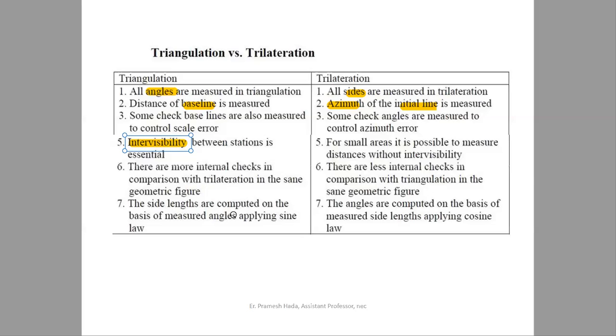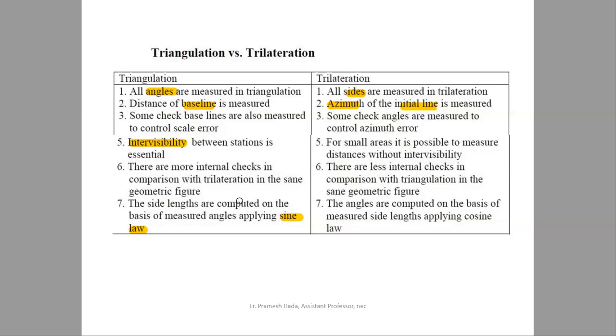The side lengths are computed on the basis of measured angles applying sine law. So in case of triangulation we use sine law for the calculation of side length. We discussed earlier how it is calculated using the angles. We know the distance of baseline and then we use trigonometric relations to calculate the other distances.